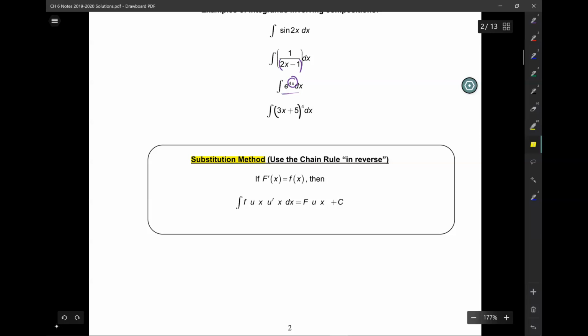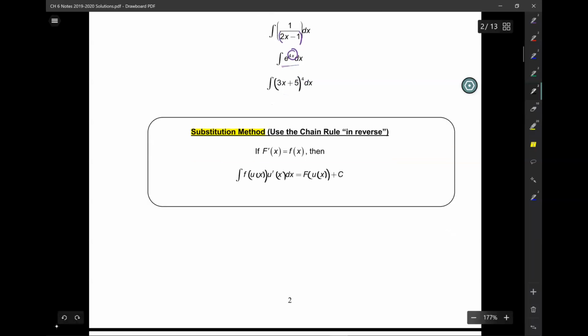If little f of x is the derivative of capital F, then, let's put the parentheses in the right places here, with u prime of x, capital F of u of x.